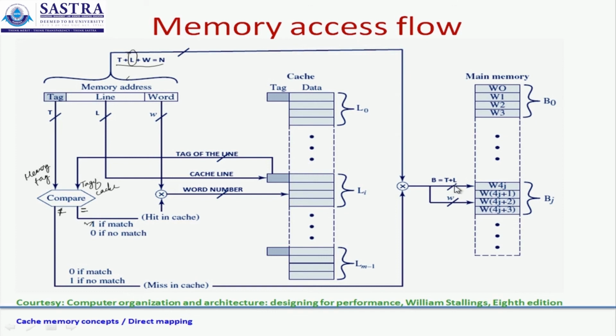So it will go to that particular block, fetch the block, place the block in the particular line, and then fetch the data from the cache. So this is the procedure to read or write a particular memory address if a cache is present and the direct mapping technique is used.